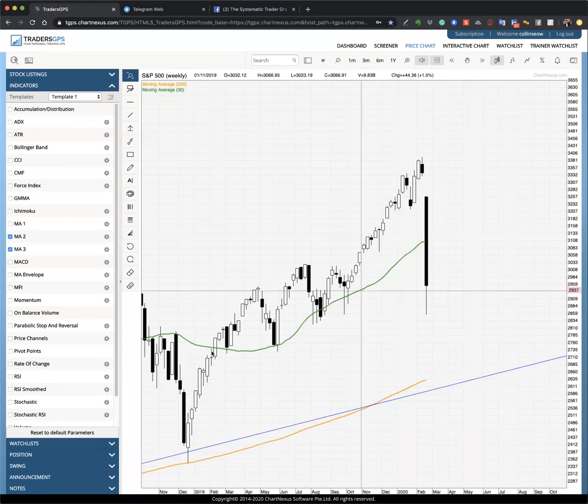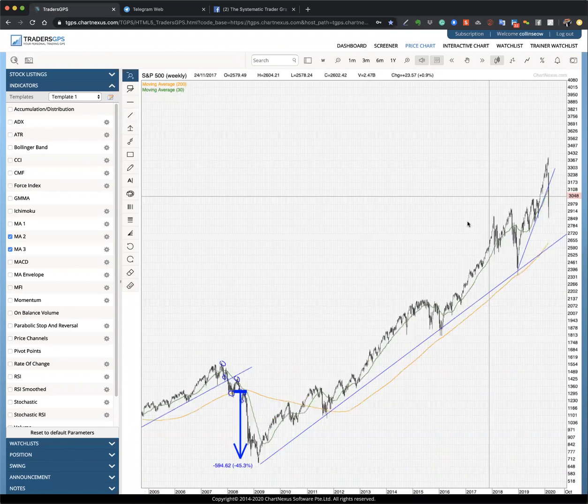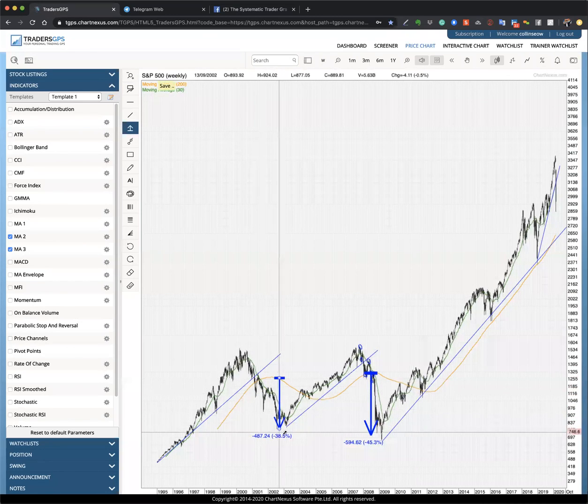You can draw the trend line from here. But what I'm talking about here is when this thing happens, the market corrects 30%, 40%. You got it?